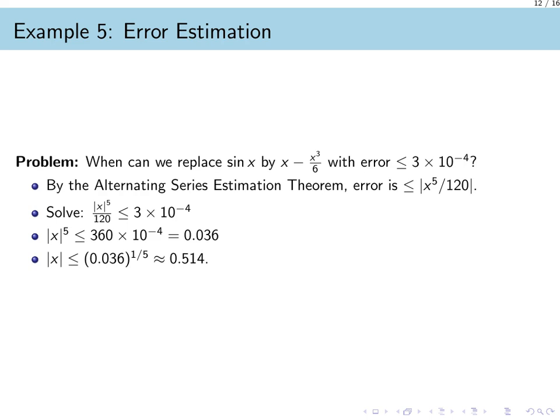Solving this inequality for the absolute value of x shows that it must be less than or equal to approximately 0.514. So this approximation for sine of x is valid within our specified error bound as long as x is in the interval from -0.514 to +0.514.